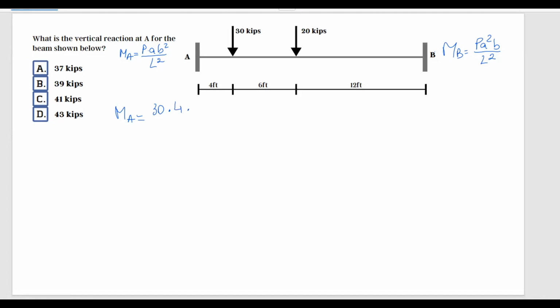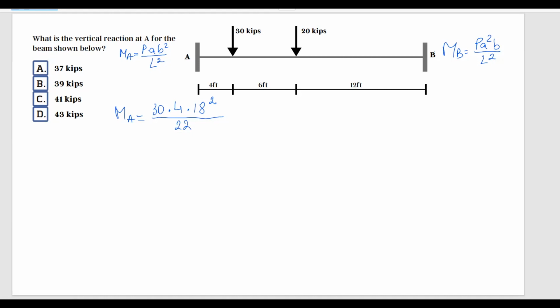And then multiply by B, which is the distance from the force to the right support. In our case, this is 12 plus 6, which is 18, and this is squared. And all that divided by the entire length, which is 12 and 10, 22.